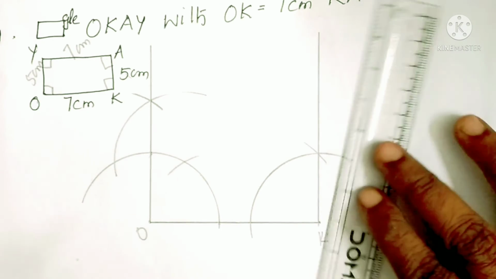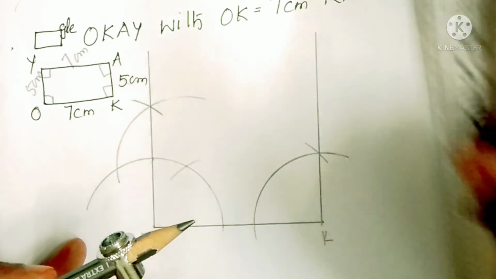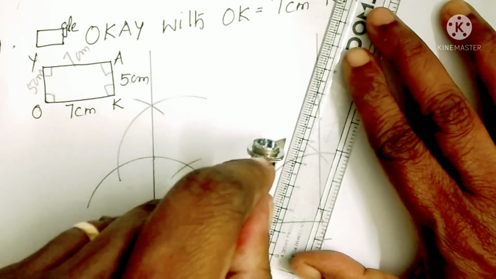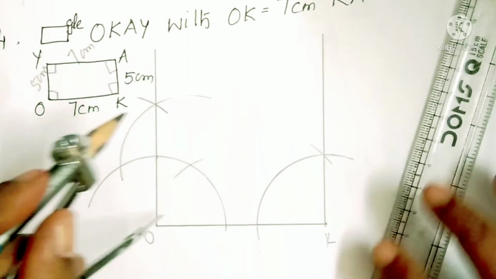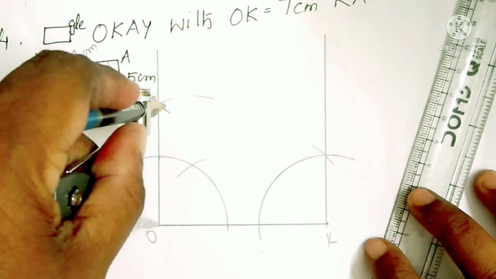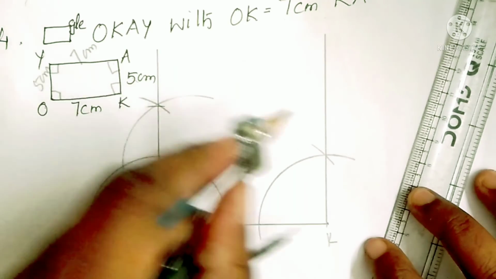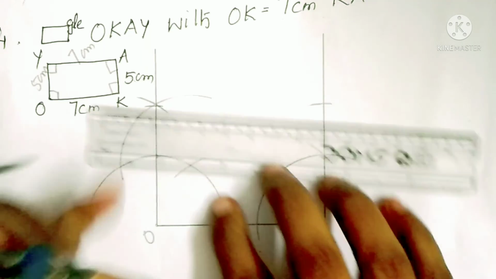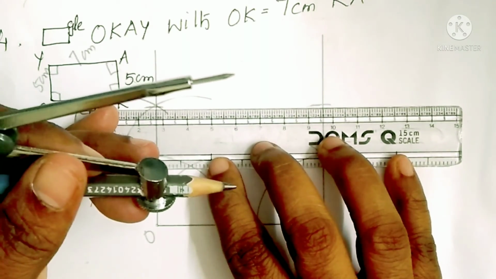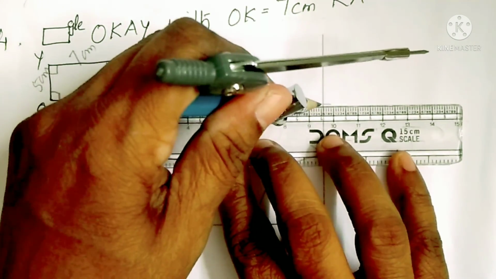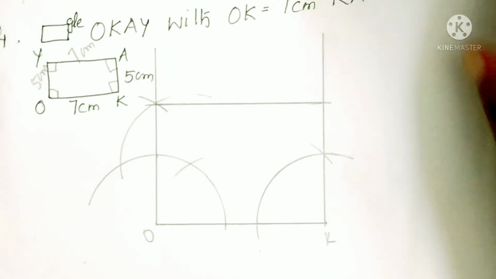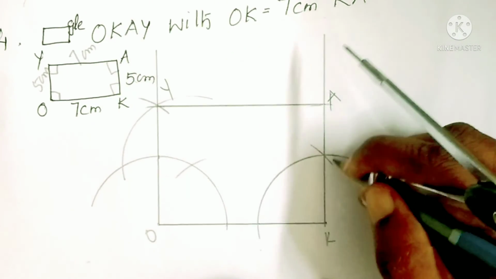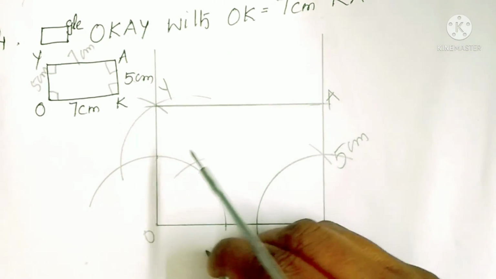Now, KA is 5 centimeter. So, take 5 centimeter in the compass and mark on it, it is X, okay. Join them. Okay, the rectangle is ready.